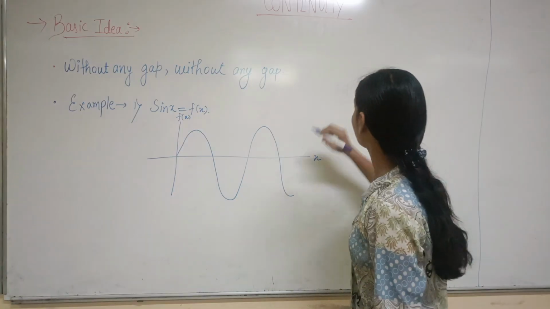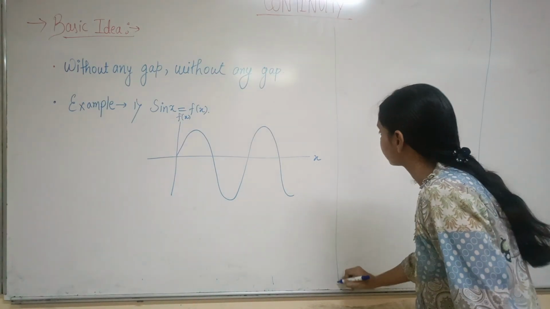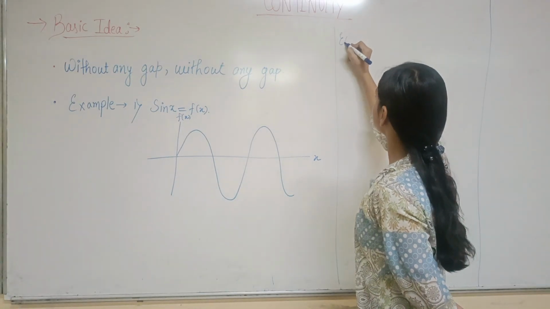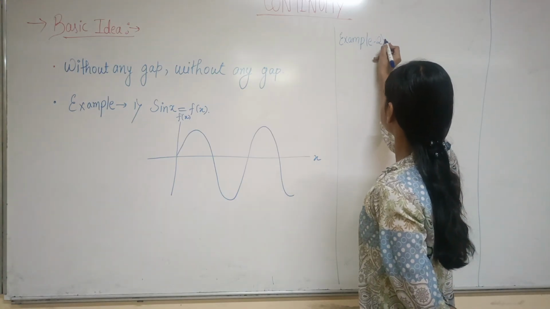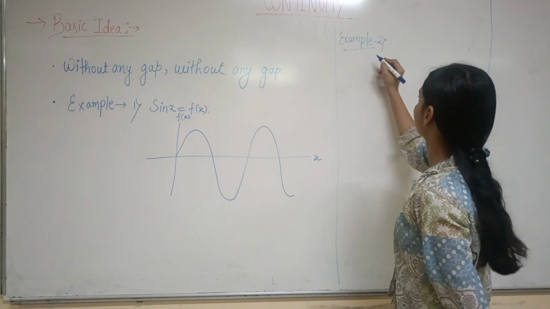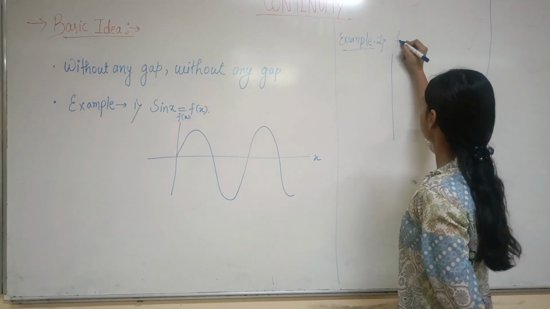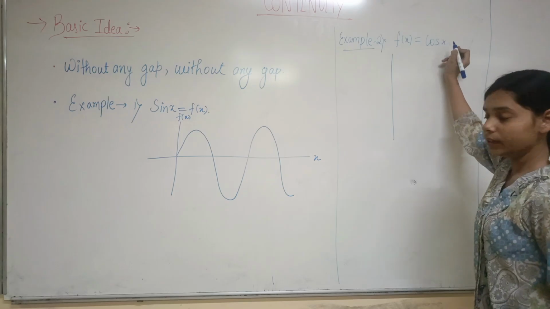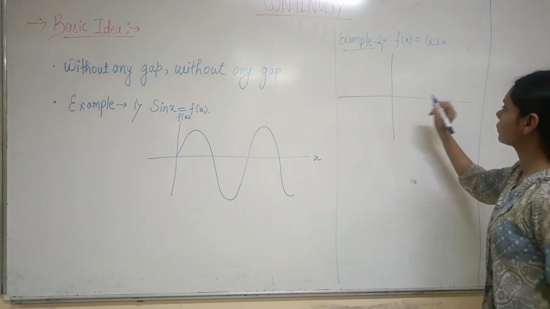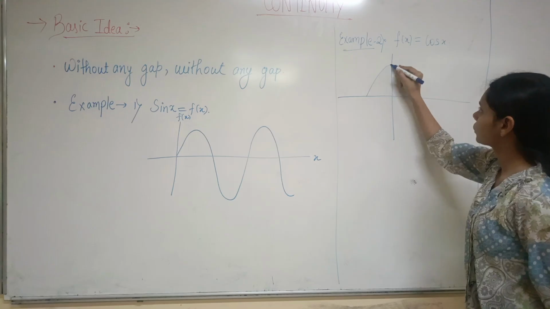Similarly, if we draw the graph, example 2. If we draw the graph of cos x, f(x) is equal to cos x, right? How to draw the graph of cos x? This looks like that.